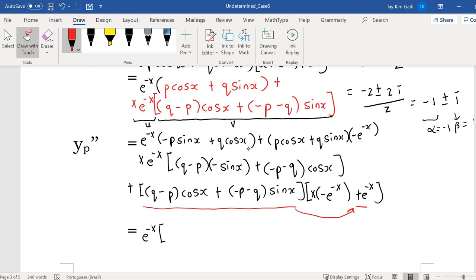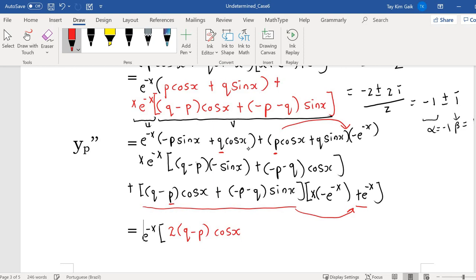For cos x, here I got q cos x, and because this one times here, minus p cos x. So minus p, minus p, minus 2p, and then you got here q and q. So in total you got 2q minus p cos x.